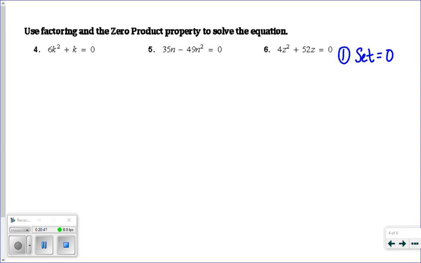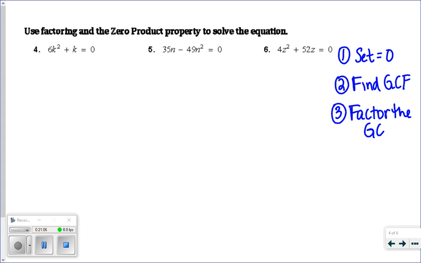Then, once it's set equal to 0, find the GCF, like we practiced a moment ago. Once you know what that GCF is, go ahead and factor that GCF out, so it's written as the product of two things equals 0.